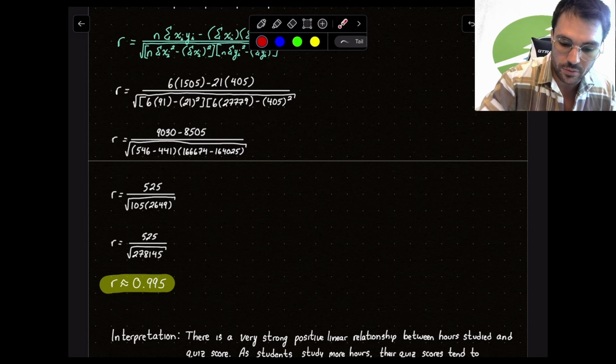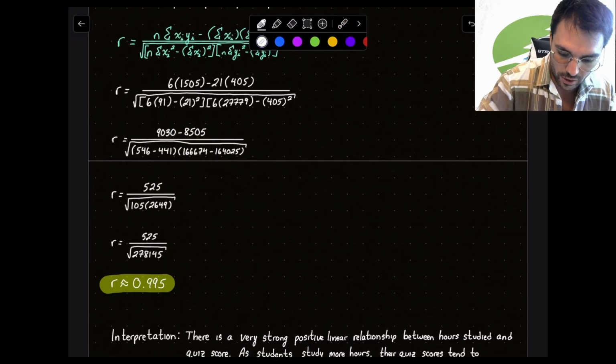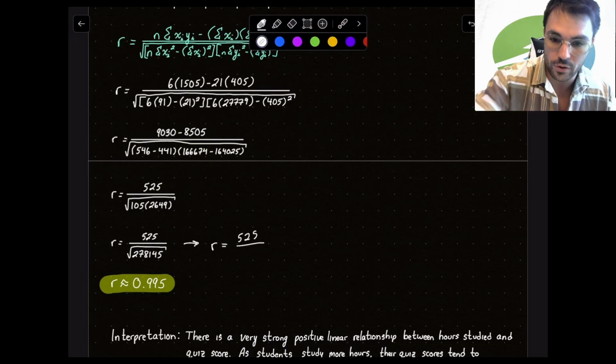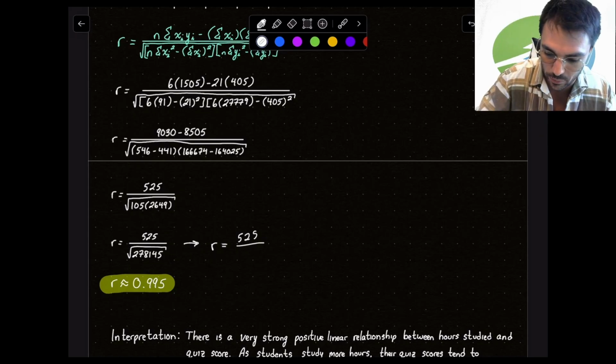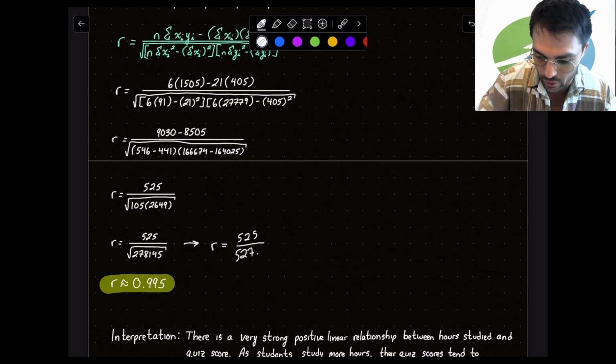Just as an example, let's see what happens if you do round that, just out of curiosity. R equals 525 over, let's see, what's the square root of this bad boy? Square root of 278,145. Let's round it to 2 decimal places, and we get 527.39.